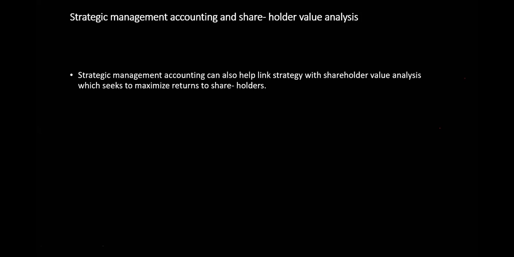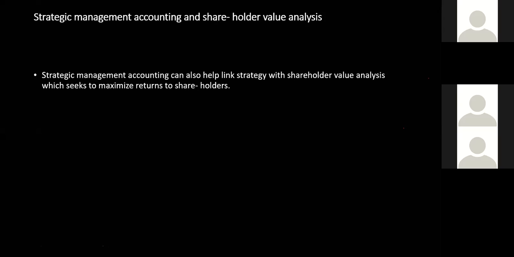So we are trying to maximize the wealth of the shareholder. To satisfy our shareholders, the management accountant really should play a strategic role. He or she cannot be isolated from the strategic management process. He or she has to be in the strategic management process.